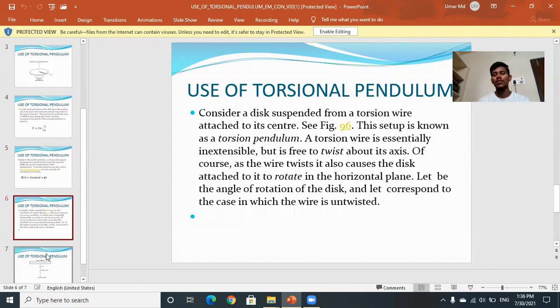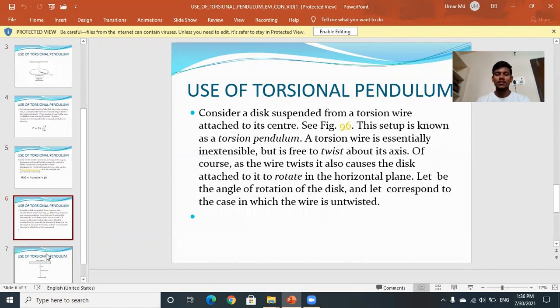A torsion wire is essentially inextensible but is free to twist about its axis. As the wire twists, it also causes the disc attached to it to rotate in the horizontal plane.